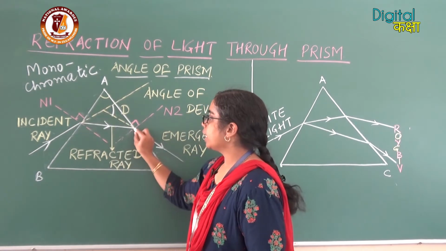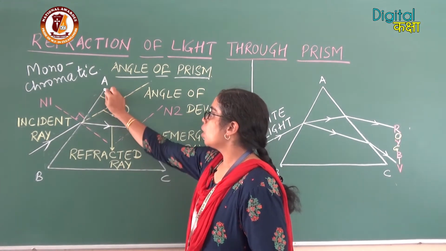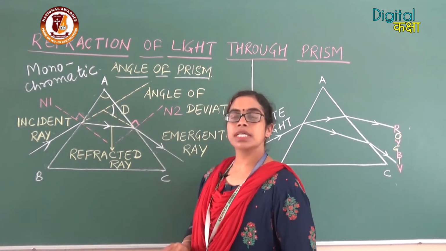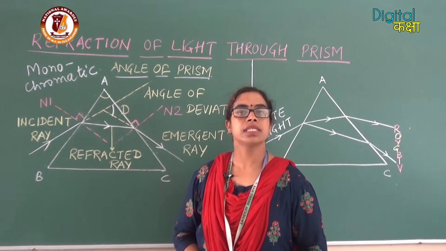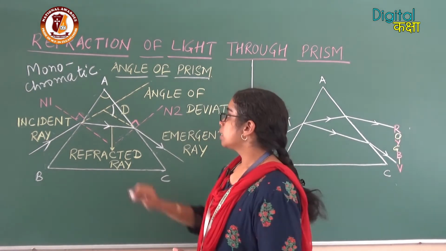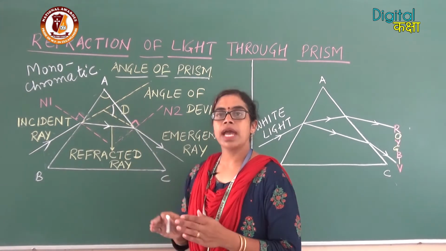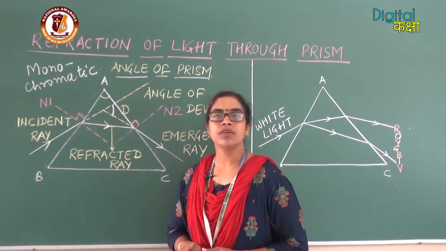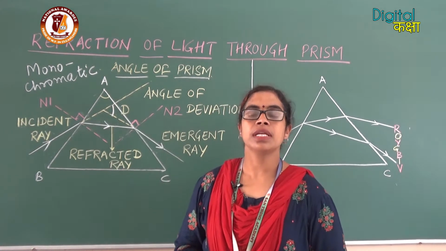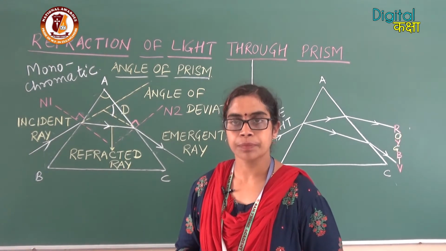This refracted ray is incident on the second refracting surface, that is AC. That means the refracted ray is acting as an incident ray for the second refracting surface AC.